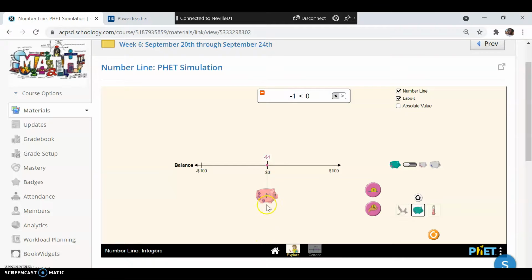So now I have negative 1. I owe somebody $1. So what that looks like is I had $1 in my pocket. I went to McDonald's and spent $2 with my debit card. And now in the bank, I owe the bank how much money? $1. I had one, but then I still owe them another. Okay?